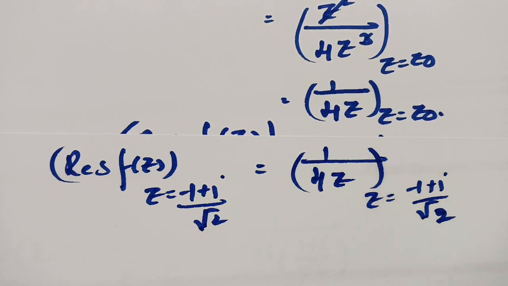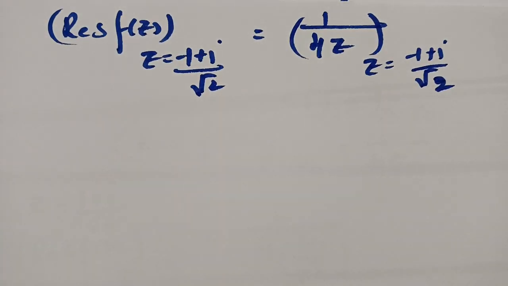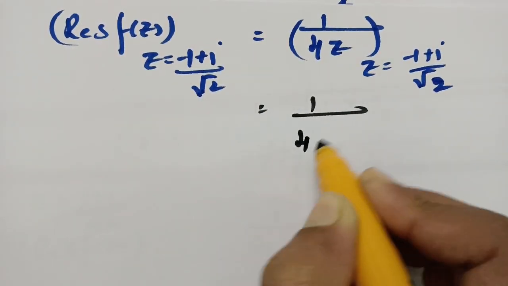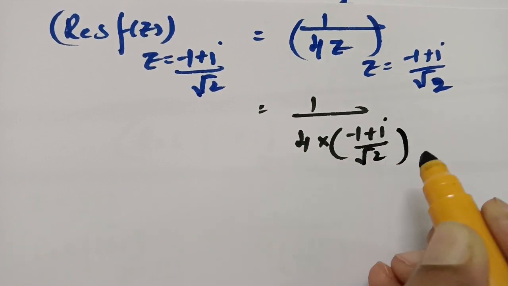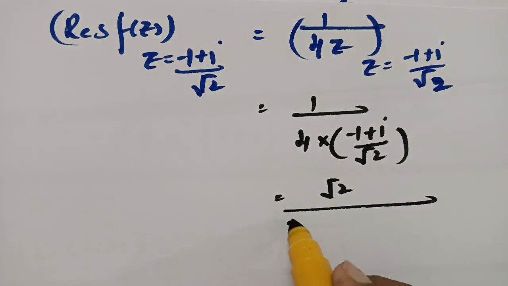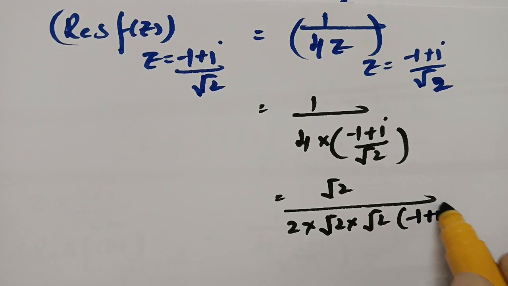If I substitute here, this value will be 1 by 4 into (minus 1 plus i) by root 2. If I send root 2 to the numerator, and 4 can be written as 2 into 2, and 2 again as root 2 into root 2, this is 1 by (minus 1 plus i).